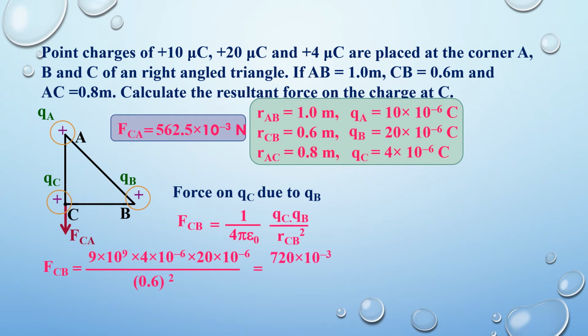On simplifying, I get an answer of 720 into 10 to the power of minus 3 divided by 0.36. Simplified further to get an answer of FCB is equal to 2000 into 10 to the power of minus 3 Newton.